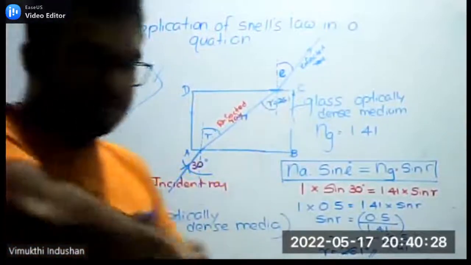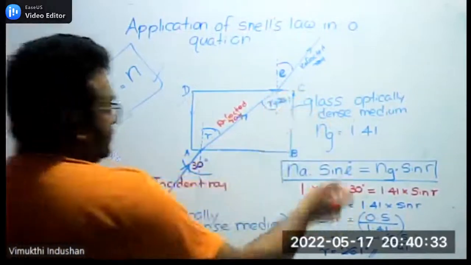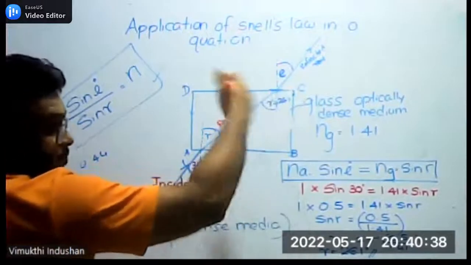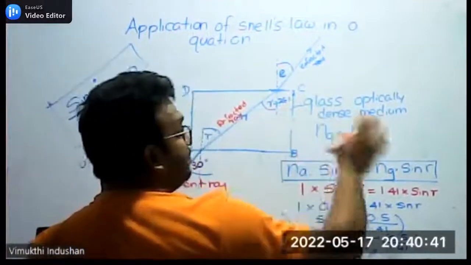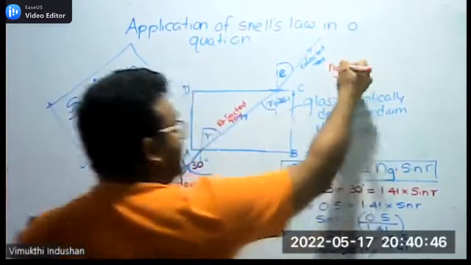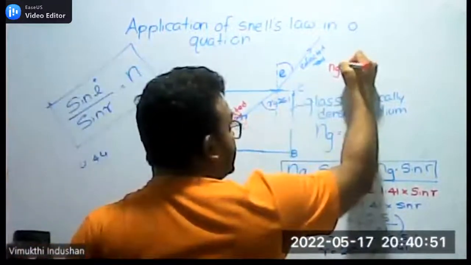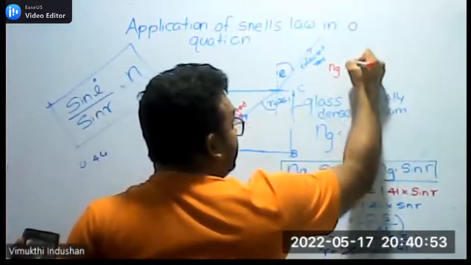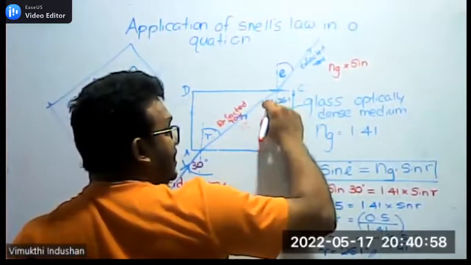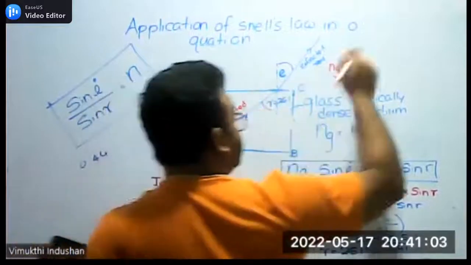Now you can try applying Snell's law there. This is Snell's law, but it has to be modified in such a way that you can apply it in questions. So how do I apply it? Refractive index of the first medium, which in this case is glass, into sine of the incident angle. Here the angle is this R, 26.1, because this becomes the incident ray for this second case.